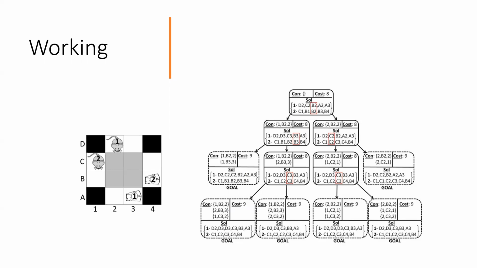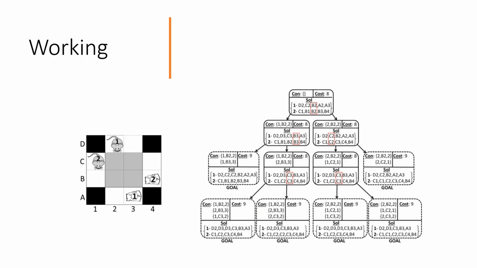Initially, what our high-level conflict-based search does is take each agent and give it to the low-level conflict-based search algorithm in order to find the individual paths of each robot, or the rats in this case. Once we get the individual paths, we try to find the conflicts. A conflict is whatever you can see highlighted in red. The conflict here is found at time step 3, at B2.